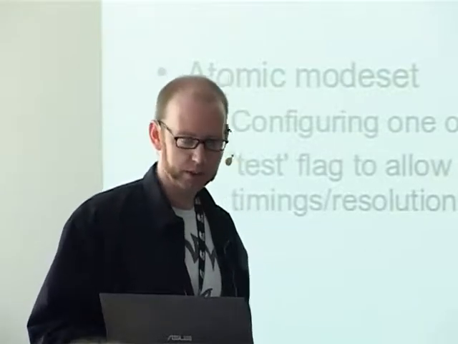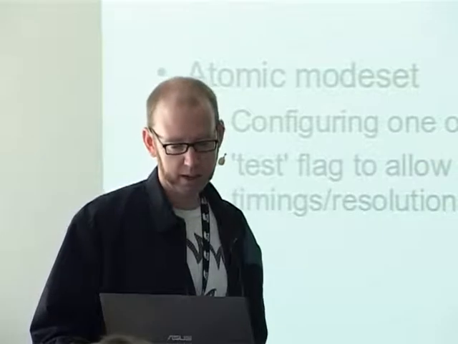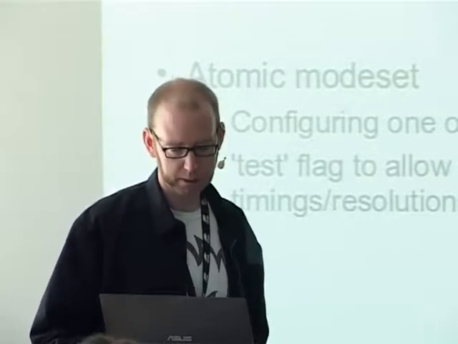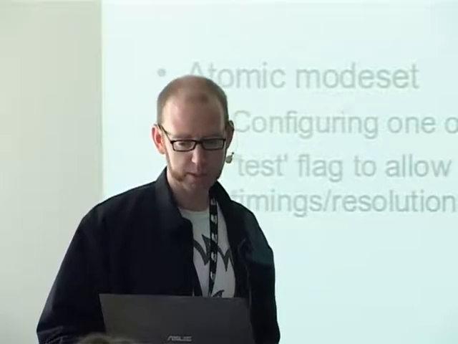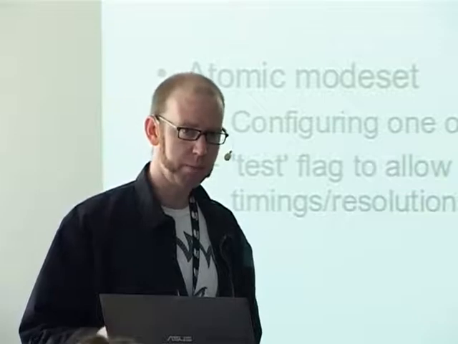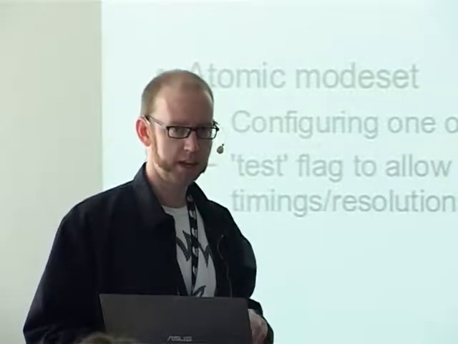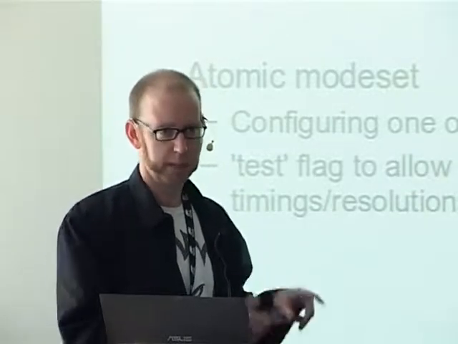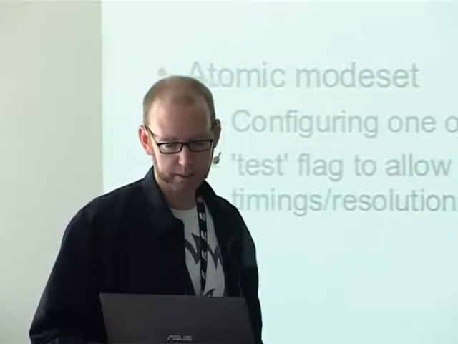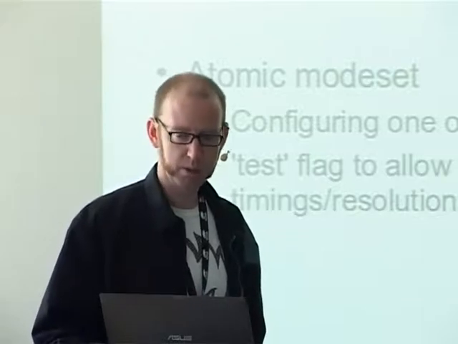Now everything is just a property. And the reason for this will become a little bit more clear in the future slides, but the short version is it makes all of the state handling of building an updated state and either atomically committing it or rolling it back basically use the same code path.